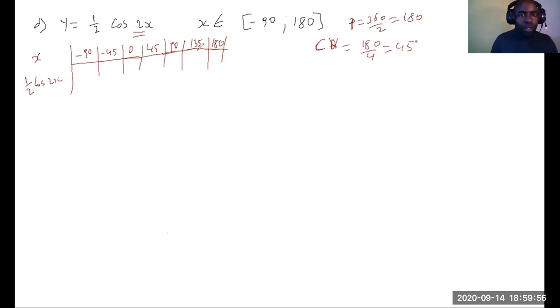Now we have got minus a half, minus 1/2, and this is giving us a 0, a half, 1/2, and this gives us a 0, negative a half, and this gives us a 0, and then a half. Then we go to our Cartesian plane.